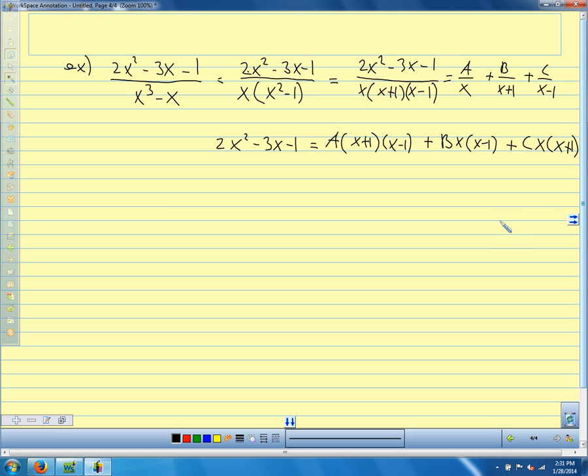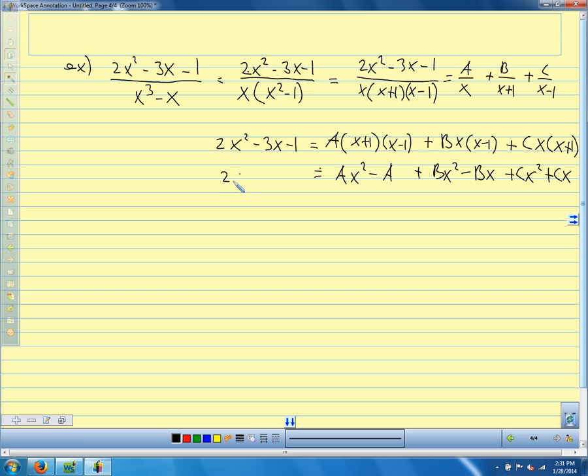So now I'm going to multiply this out. x plus 1 times x minus 1 is x squared minus 1, so I get A times x squared minus A. Here I get Bx squared minus Bx, and here I get Cx squared plus Cx.